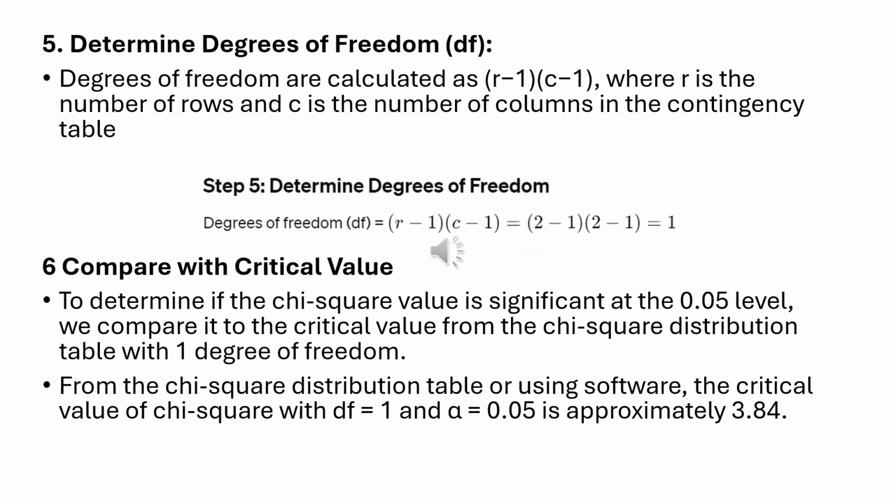For alpha value 0.05 and degree of freedom 1, the critical value is 3.84.